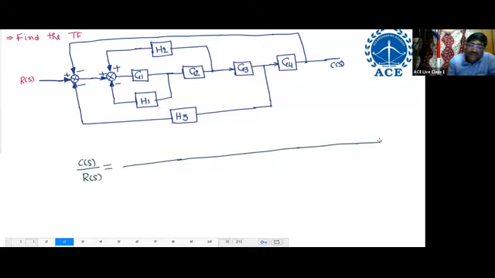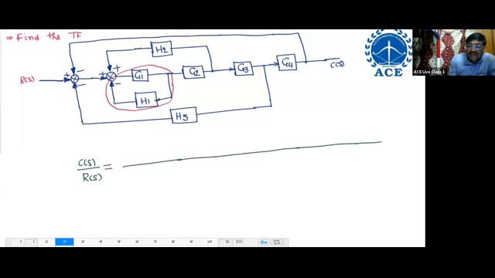First simplify the first loop. What is the first loop? This G1 H1. G1 H1 is a direct loop. So if you simplify G1 and H1, what will I get?